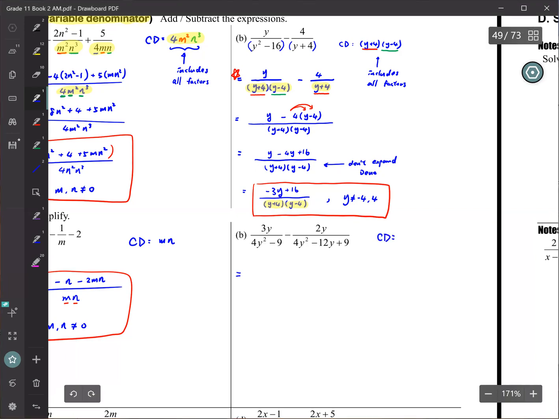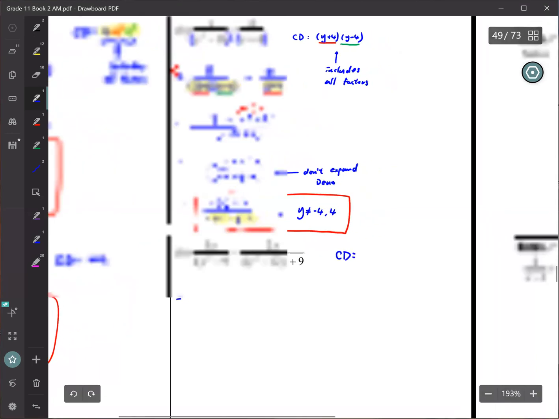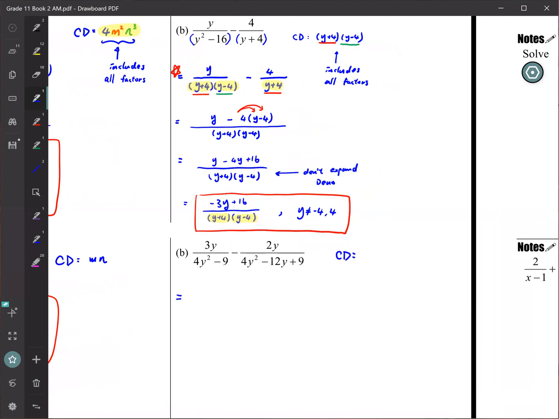We'll check the common denominator first before we proceed. So first step, factor wherever possible for question B, and tell me what's the common denominator. Raise your hand when you got a common denominator.